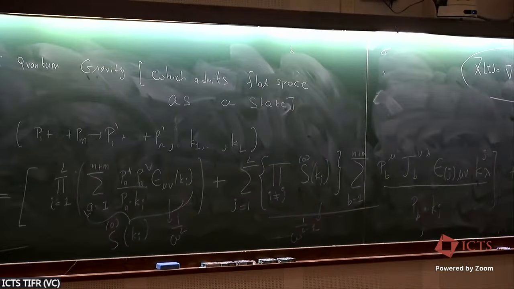And of course, what are the terms I have suppressed? The terms I have suppressed are of the order L minus 2. Those terms I have not written because we don't know much about them. In any theory of quantum gravity, these terms will depend on the details of the quantum gravity theory.